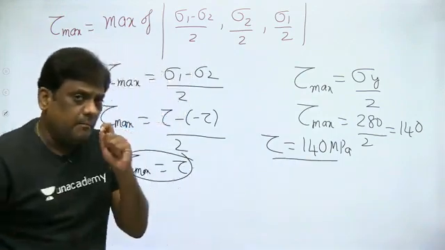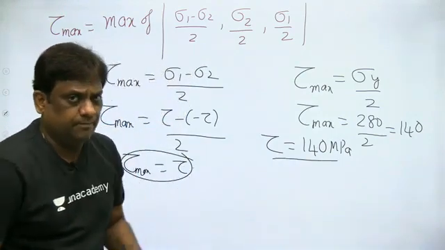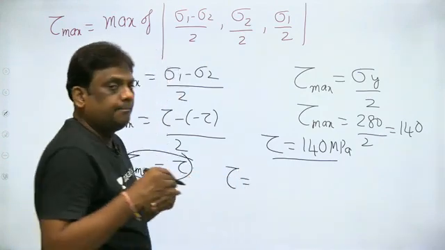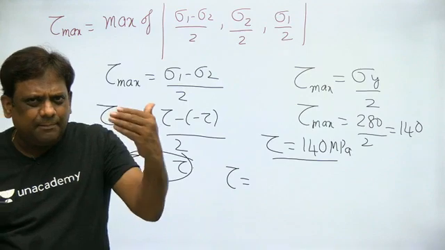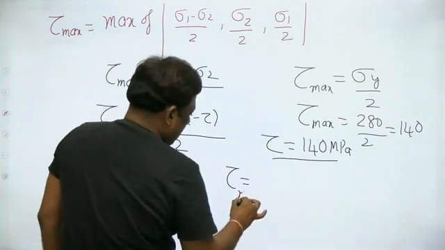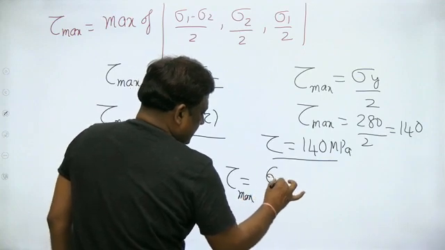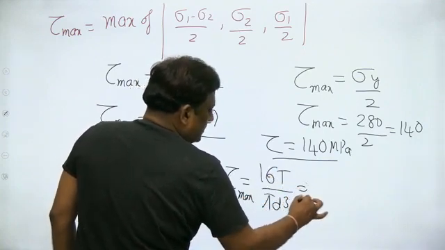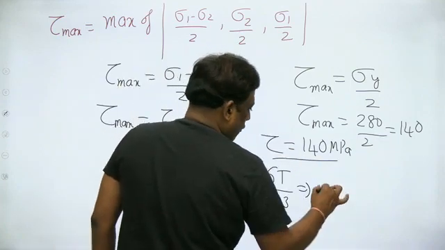You know that when a member is subjected to pure torsion, from our torsional theory, T by J is equal to tau by R. Tau max is given by 16T by pi d cube. The maximum shear stress is 140.